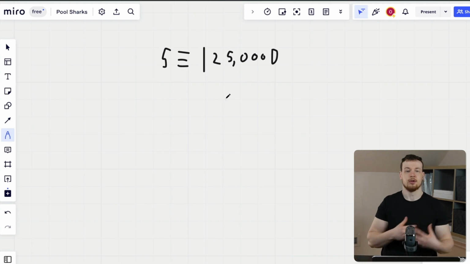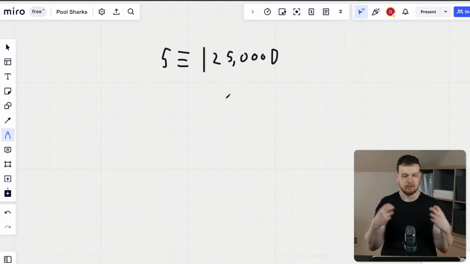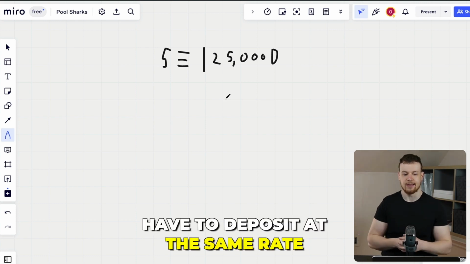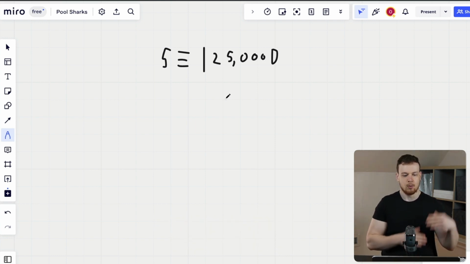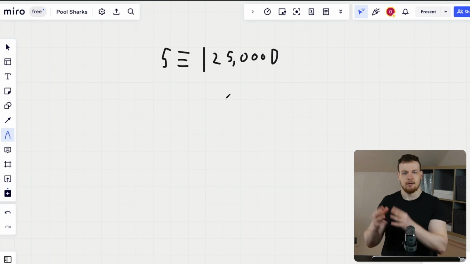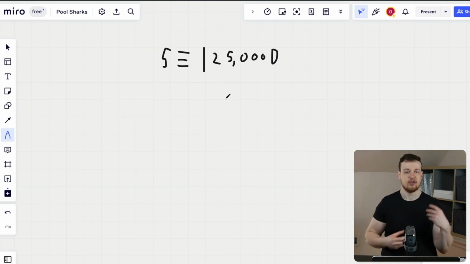And so if I'm a liquidity provider and I want to come in and provide more liquidity for this pool, I have to deposit at the same rate that each token is in the pool, at the same balance between 1 ether equals 5,000 DAI. So for every ether I provide to the pool, I need to provide a mirroring of 5,000 DAI so that I am not changing the ratio of the supply in the pool, and therefore I'm not changing the price when I provide liquidity.